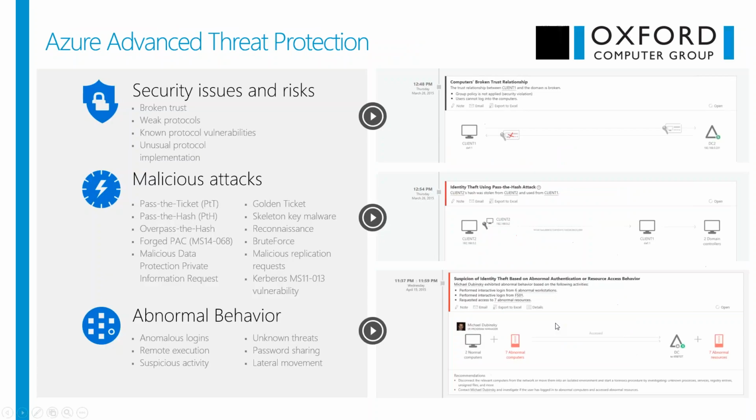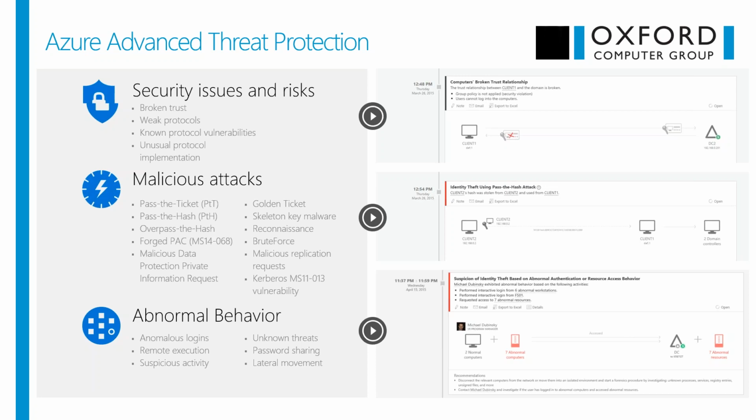Another offering that they have that uses identity analytics is the Azure Advanced Threat Protection. It's still in existence as Advanced Threat Analytics, which is an on-premise version of this, but they lifted this to the cloud recently.